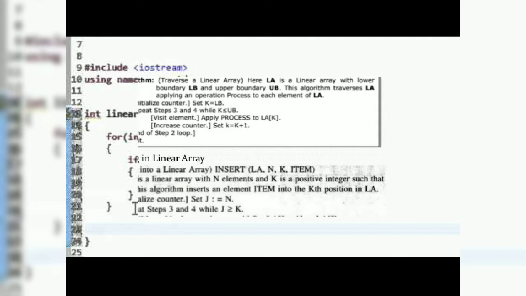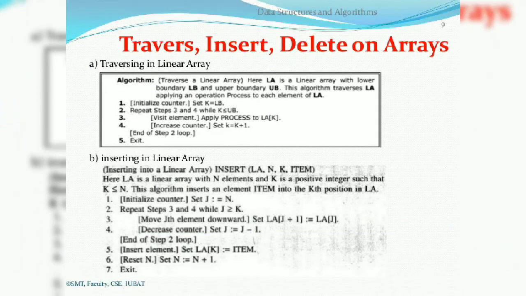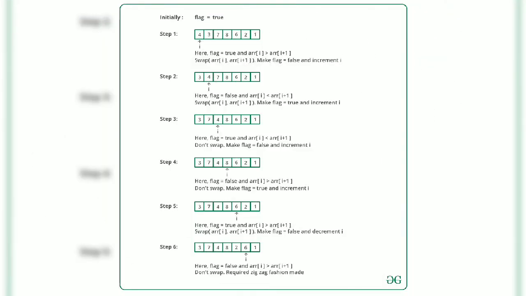5. While I1 less than or equal to U1 do. 6. A[I] equal to A1[I1]. 7. I equal to I plus 1, I1 equal to I1 plus 1. 8. End while. 9.